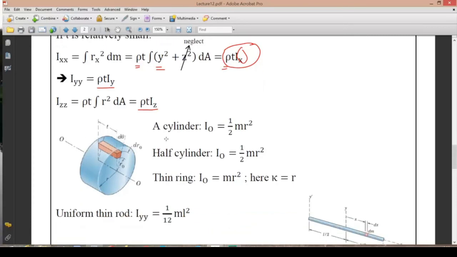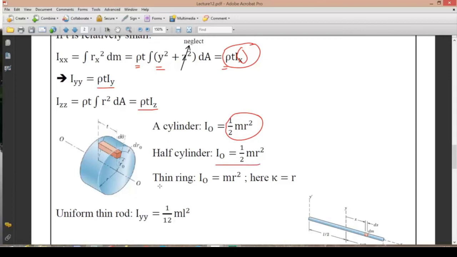Now, for the regular objects, the information about the mass moment of inertia is already determined. So for a cylinder along its axis of symmetry, this is calculated as 1 over 2 mr squared. M is the mass of it, r is the radius. This is for the half cylinder.